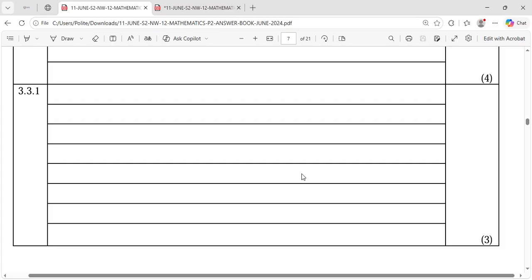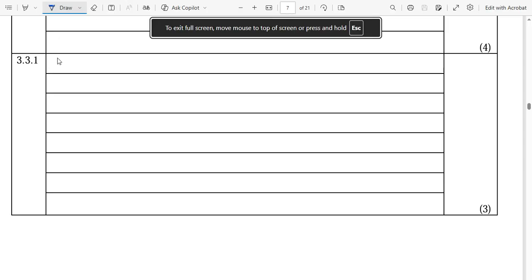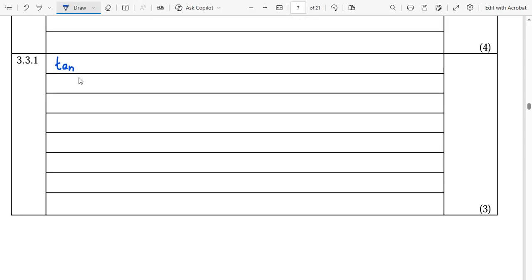I'm just going to first focus on tan A equal to 4 over 3. So you are given that tan A is equal to 4 over 3, and A is an element of 90 all the way to 360.